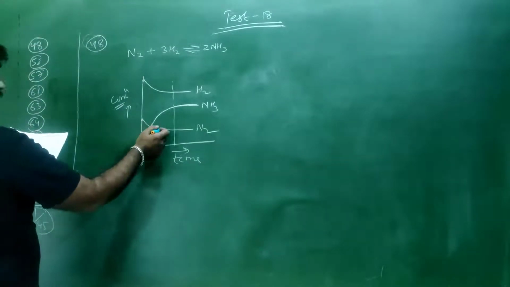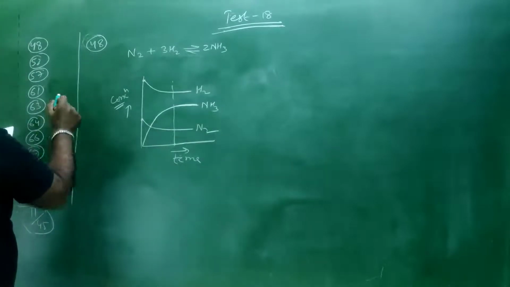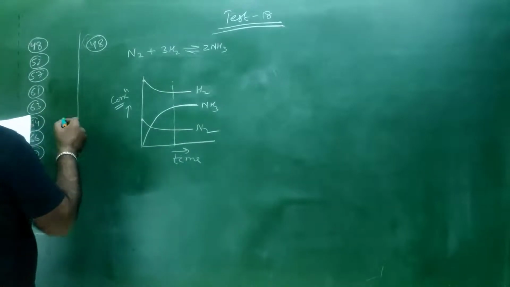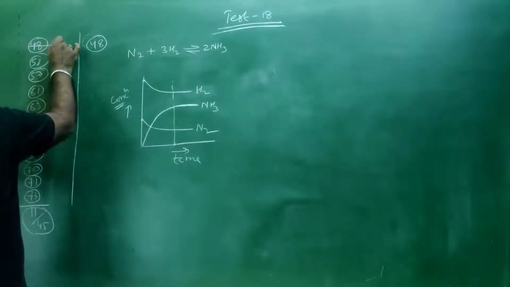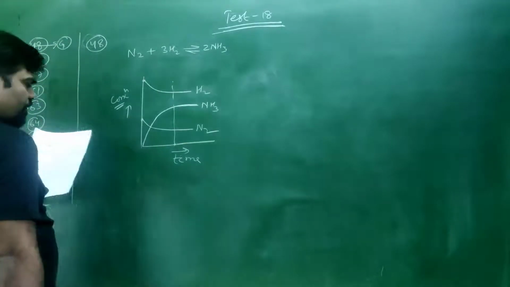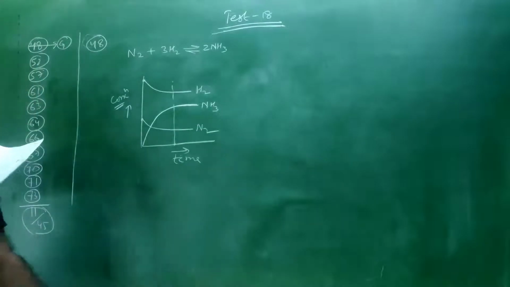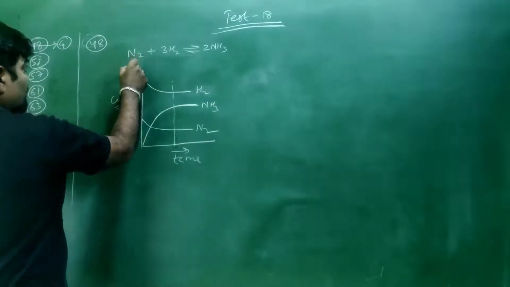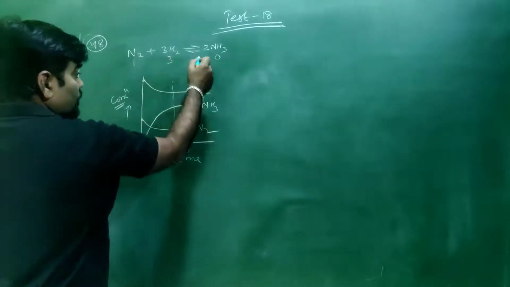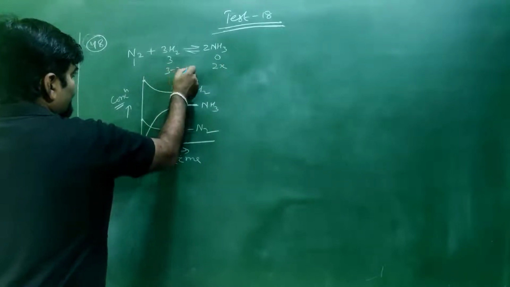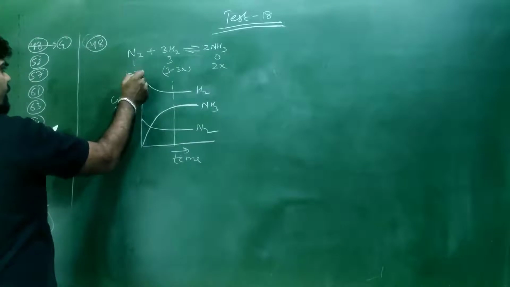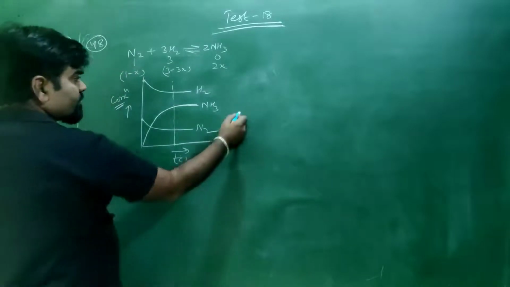The graph nature will be like this, and somehow a similar graph is plotted at A. So we can say the answer is G. See, let's say 1 mole we have taken, 3 mole we have taken, 0 mole we have taken. This is 2x, this is 3 minus 3x, this is 1 minus x.